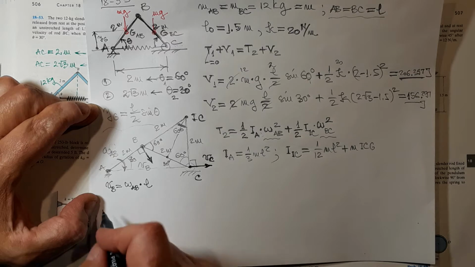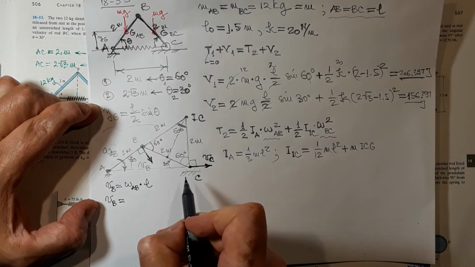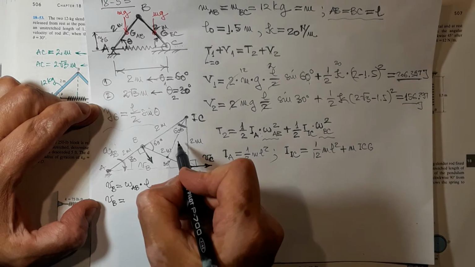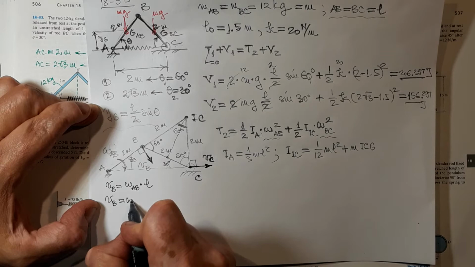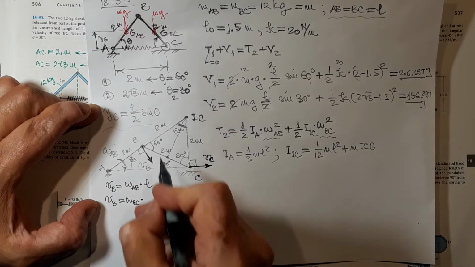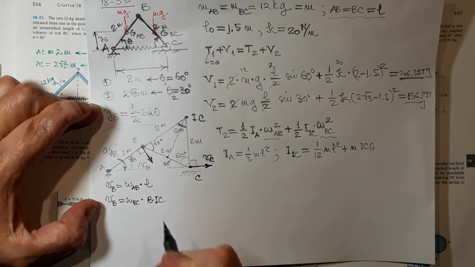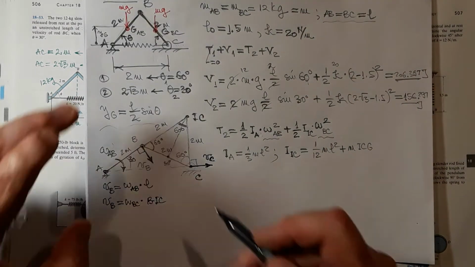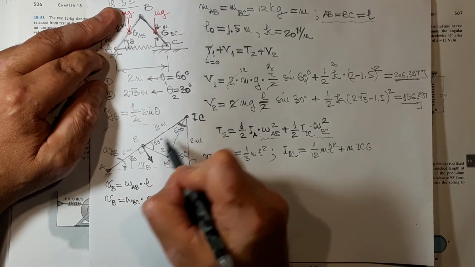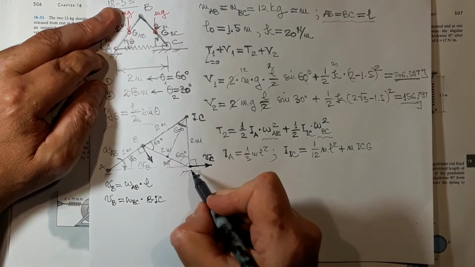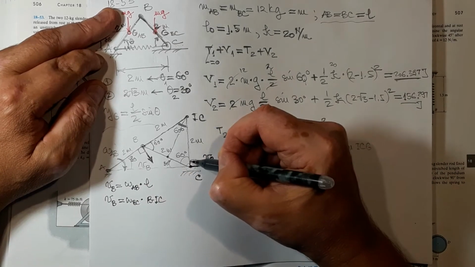And then we can also say velocity of B, in order to calculate omega of BC, is omega of BC times the distance from B to the instant center. So again, you get the instant center by extending these two lines: AB extended, normal to the velocity, and the vertical at C, extended.